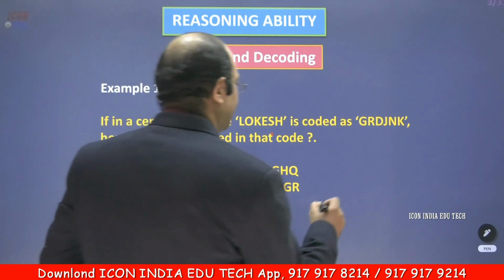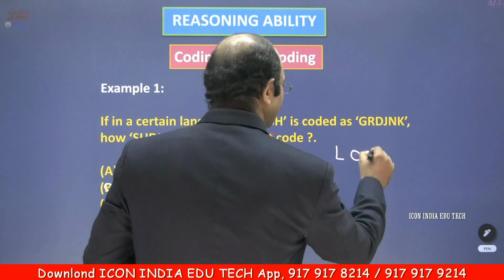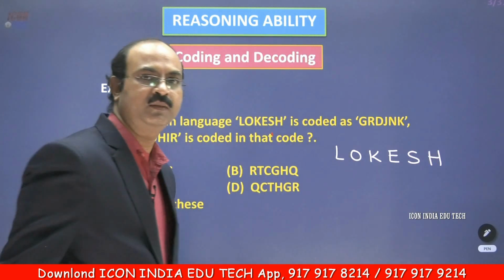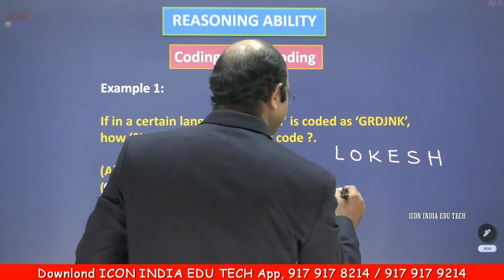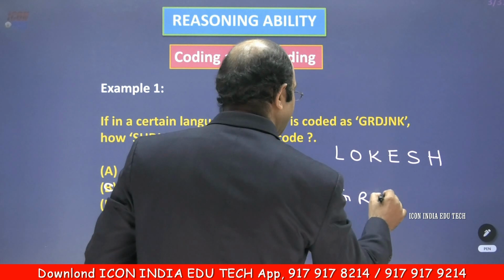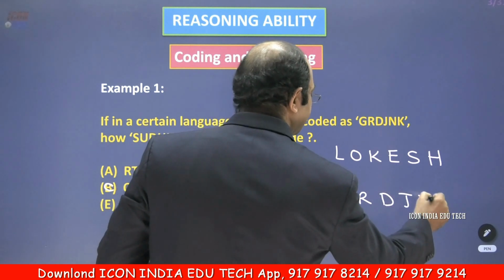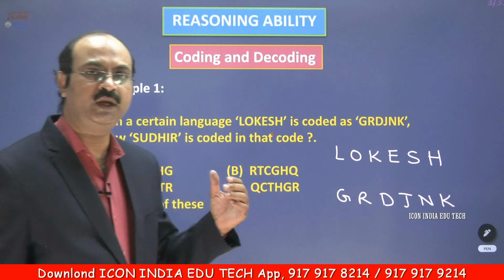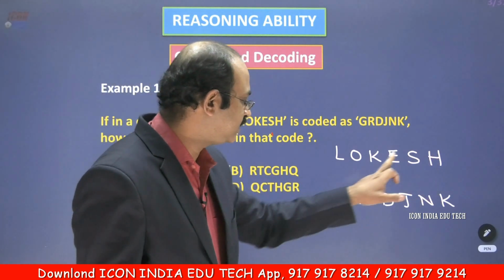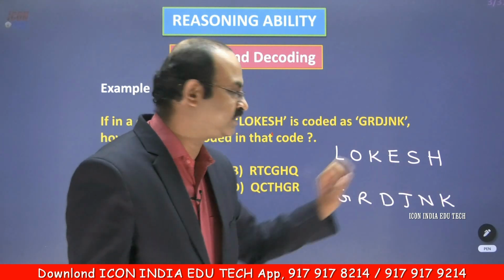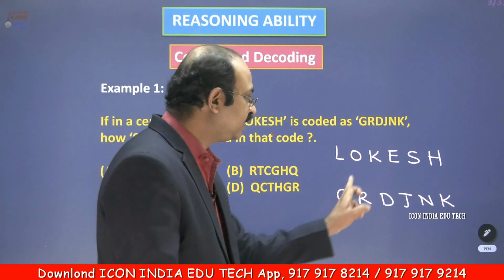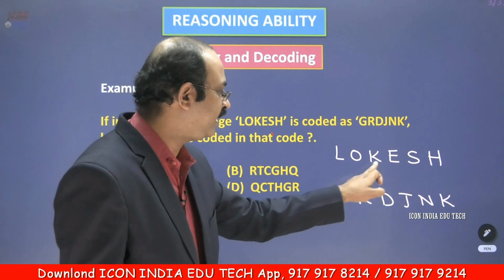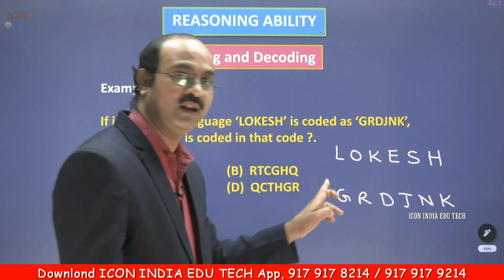So let us first see what is happening. L-O-K-E-S-H, am I right? Now this is G-R-D-J-N-K. Can we observe anything here? Yes, you see here H and G, G-H, correct? So after G comes H, after R comes S, and D-E, J-K, N-O, K-L alphabetically.